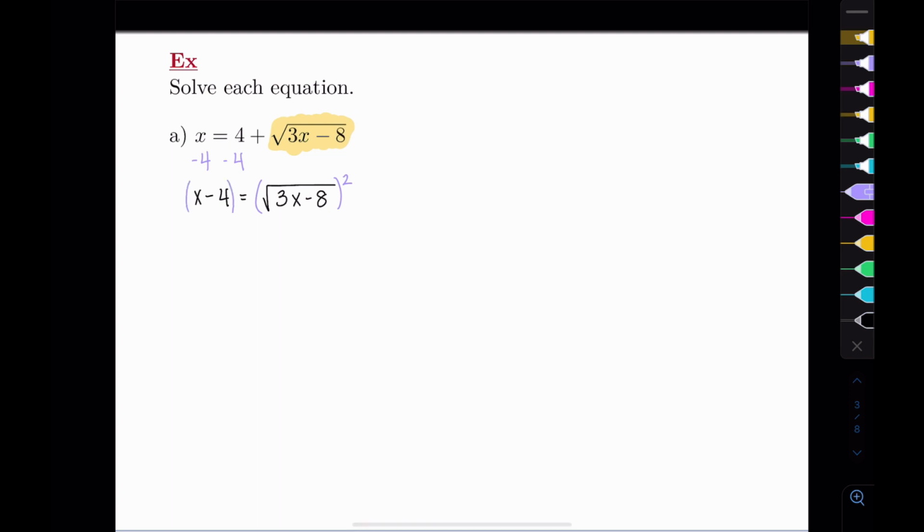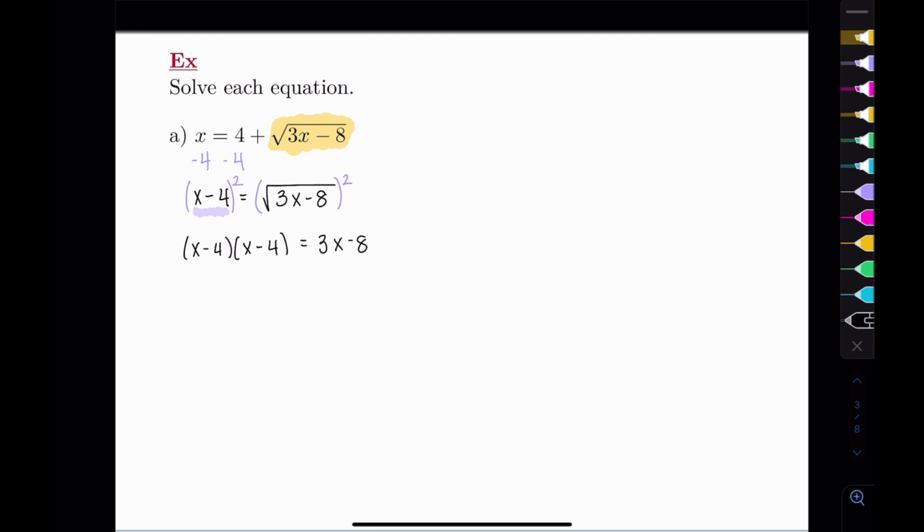But what we do to one side, we have to do to the other. And this is where you have to be really cautious, because we actually need to FOIL this expression over here. Because what this really means on the left is I'm taking x minus 4 and multiplying it by itself. And that needs to equal, now that I've gotten rid of that radical, just 3x minus 8.